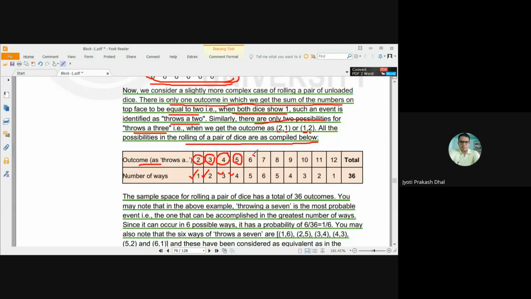For outcome 6, the number of ways is 5. For outcome 7, the number of ways will be 6.